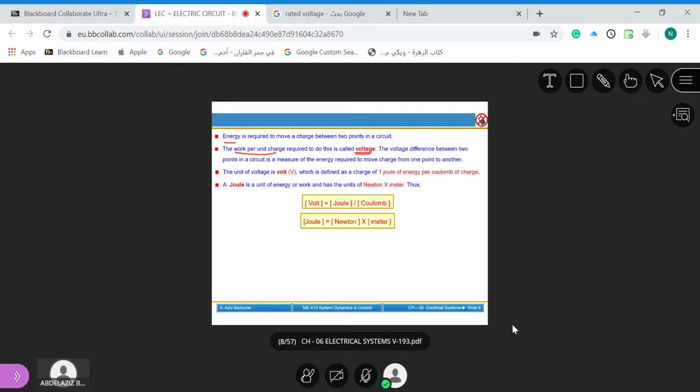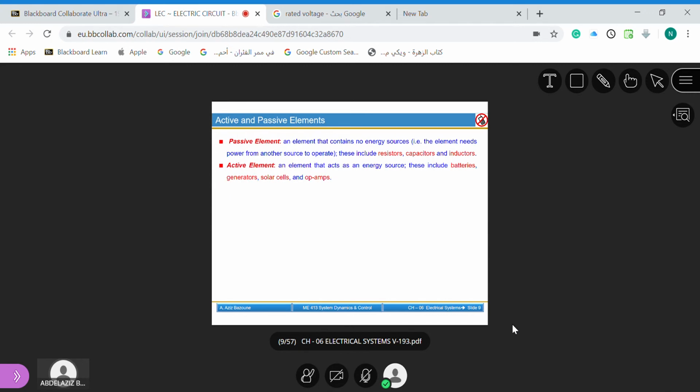So the work done here represents the voltage. The unit of the voltage is the volt, which is defined as energy per coulomb of charge. Joule is the unit of energy or work and has the units of Newton times meter. A volt is equal to joule per coulomb. So when we say volt, it's joule per coulomb.